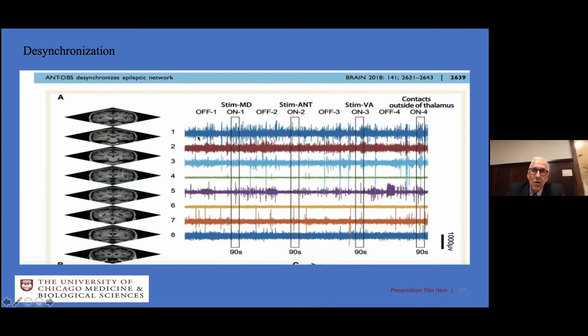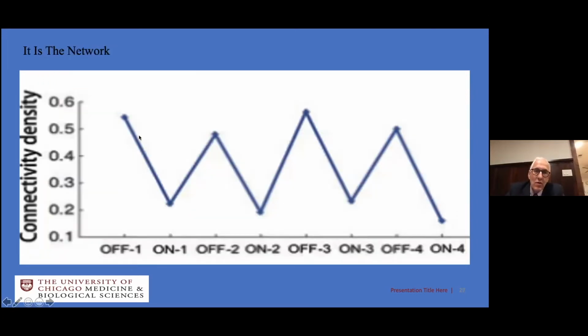You can see only if you stimulate here can you silence the electrophysiological activity and disrupt the network. That was the mechanism. And they also looked at the connectivity with MRI techniques, which shows you how densely connected the epileptogenic networks were.